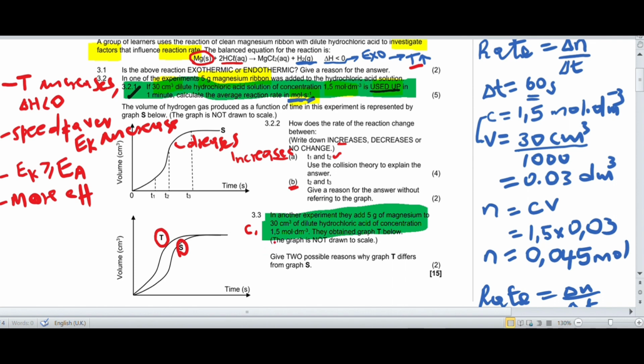Or they can increase the temperature of the reaction. So it's a catalyst, it's a temperature, it's a surface area. But the question wanted 2, so we wrote 3.